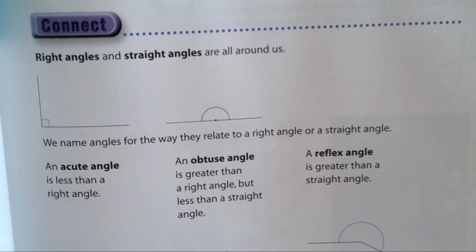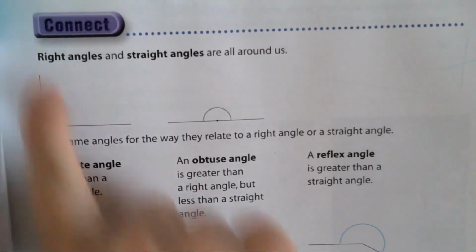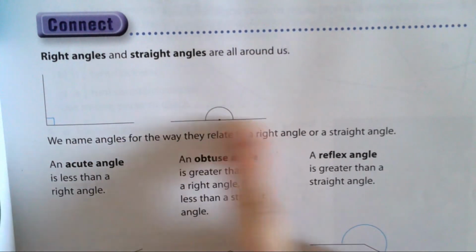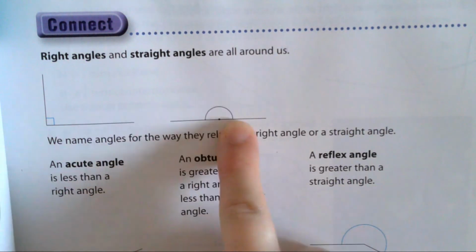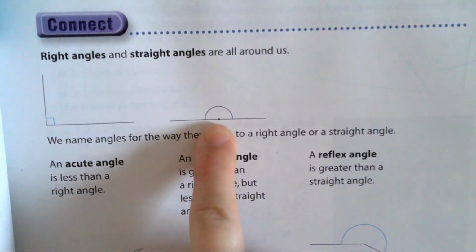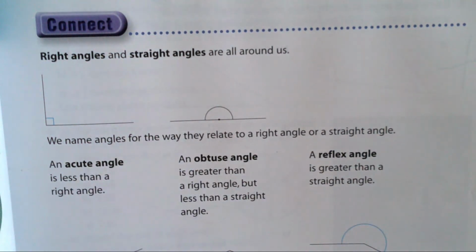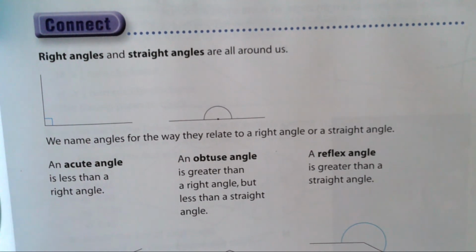So this is a right angle here. This is a straight angle here from this arm over to this arm, and this little dot here shows your vertex. We name angles for the way they relate to a right angle or a straight angle. So the way they relate to this angle or this angle is how we're going to name them.